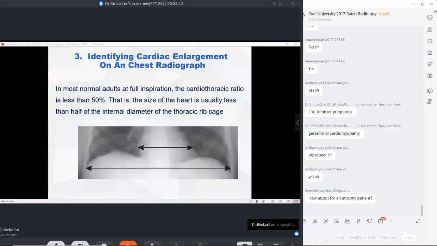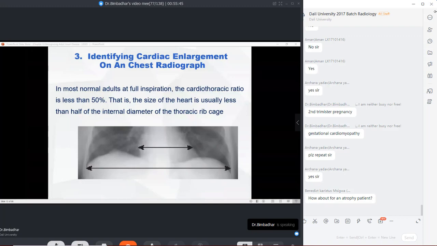See, atrophy of the brain happens, atrophy of the muscles happens, atrophy of the liver happens, atrophy of the spleen happens, but does atrophy of the heart happen? Somebody answer me this question. Does atrophy of the heart happen?